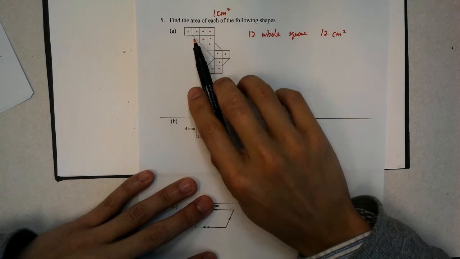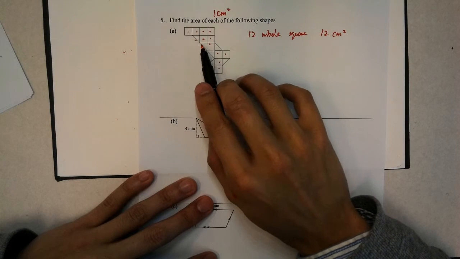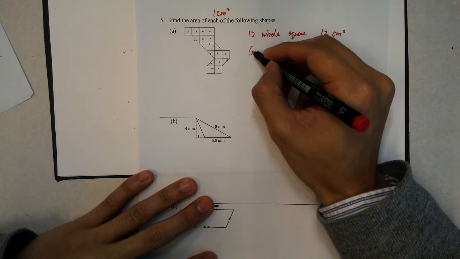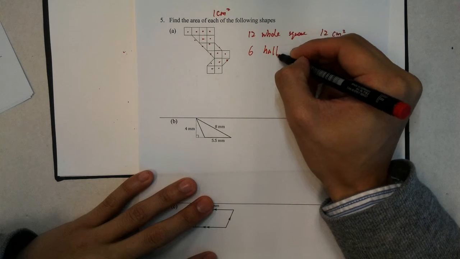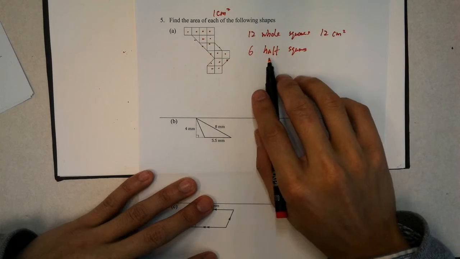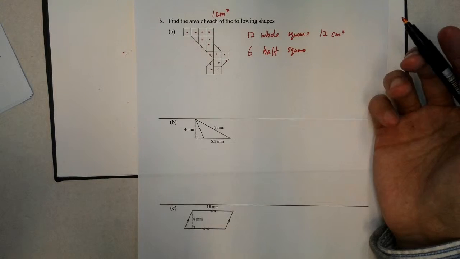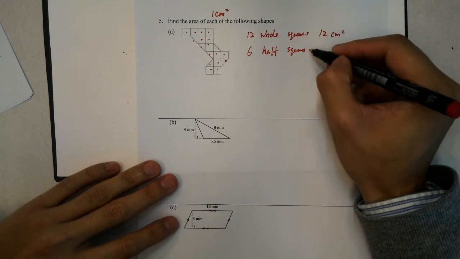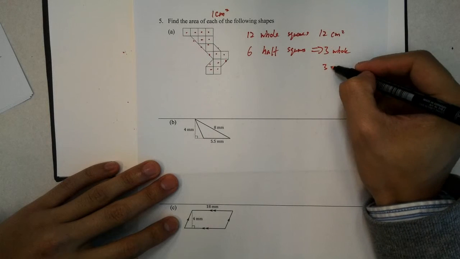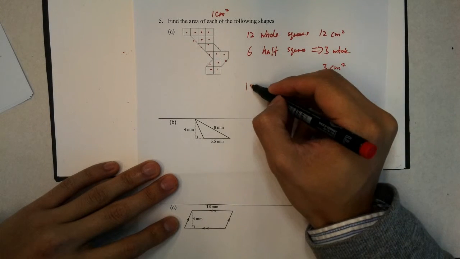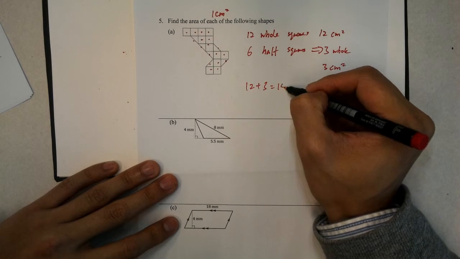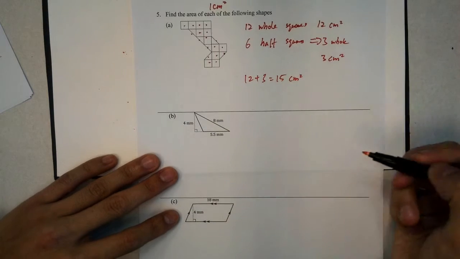Then we have half, 1 half, 2 half, 3 half, 4 half, 5 half, 6 half. So we have 6 half squares. 2 of them make 1 whole, which means they represent 3 whole squares, which means 3 centimeters square. So for the total area, I just need to add 12 and 3, which makes 15 centimeters square.